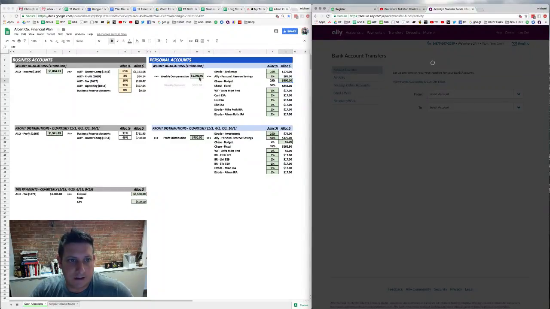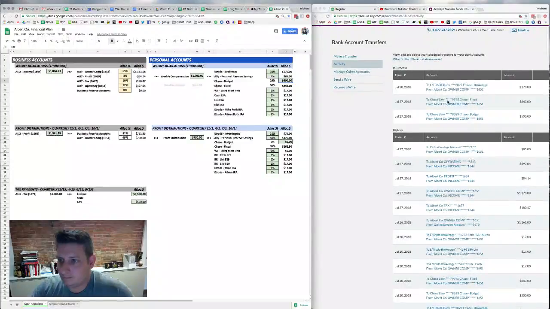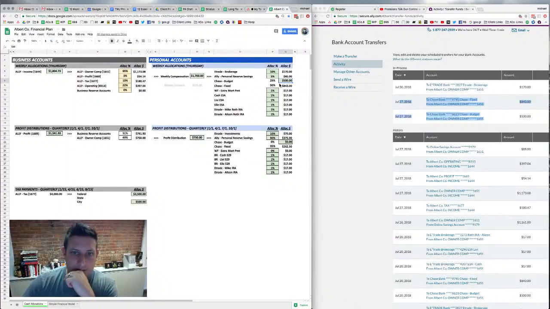So basically I took from the owner comp account and sent them to, they're right here, my Chase budget for my family, and then my Chase fixed accounts. In the budget account, basically that's for food, entertainment, just anytime we go out and spend money, groceries, things like that.